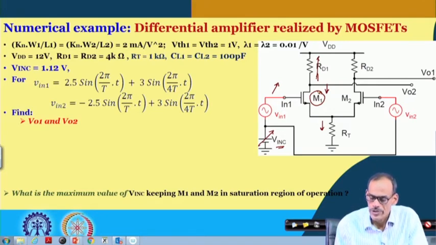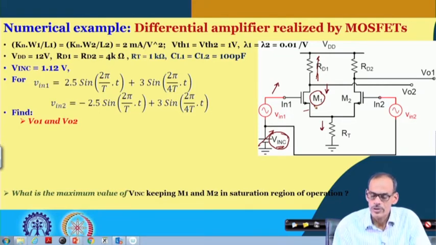So, we can probably find what the corresponding upper limit may be. The upper limit is very important in this case. The lower limit, definitely we do not want to keep the transistor towards the subthreshold region, but we should be aware of the upper limit.